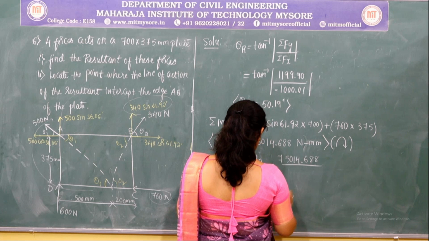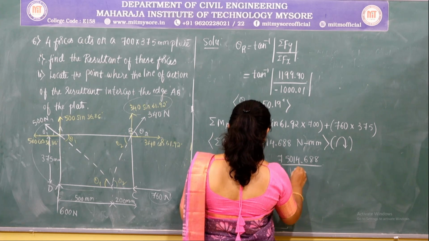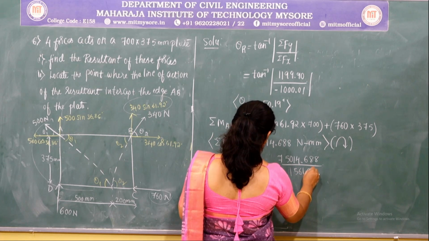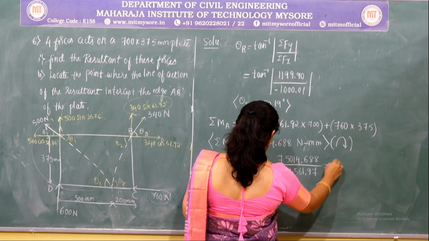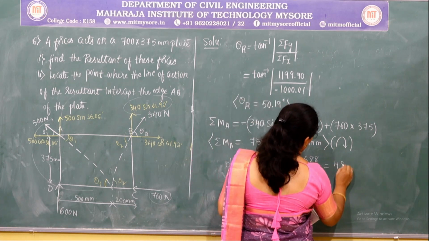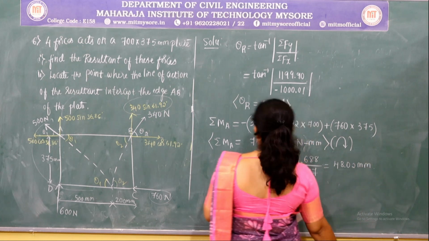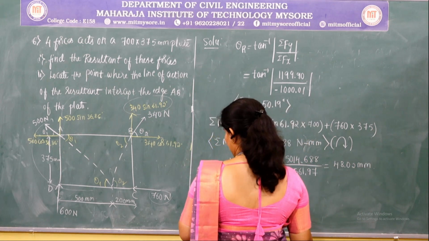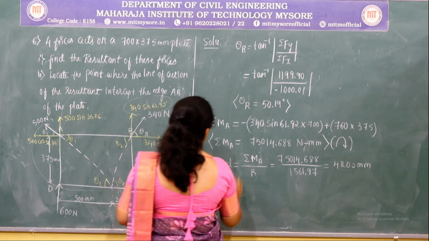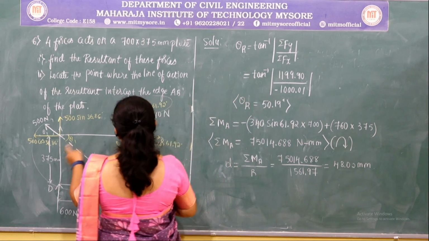The value of R is 1561.97, which gives 48.02 mm, and we shall place this resultant with respect to edge AB.